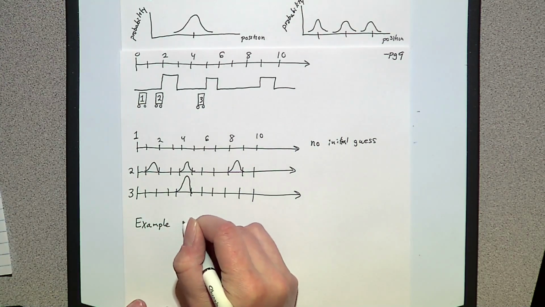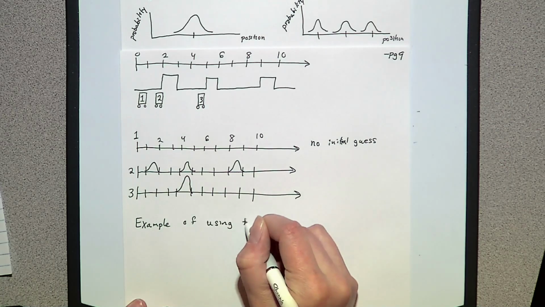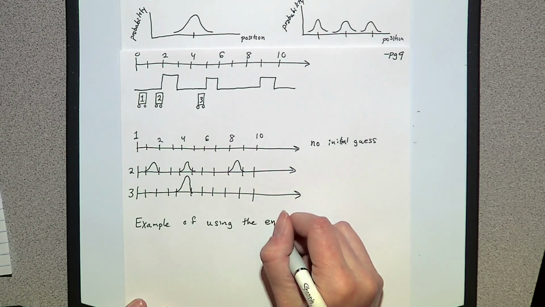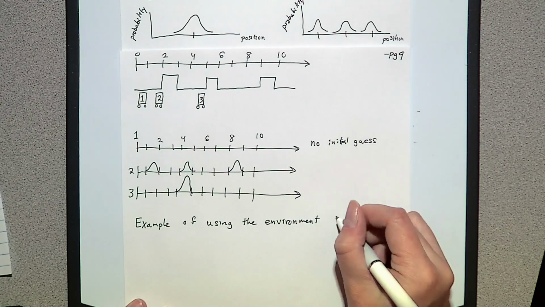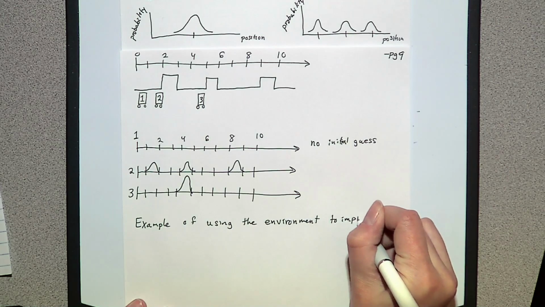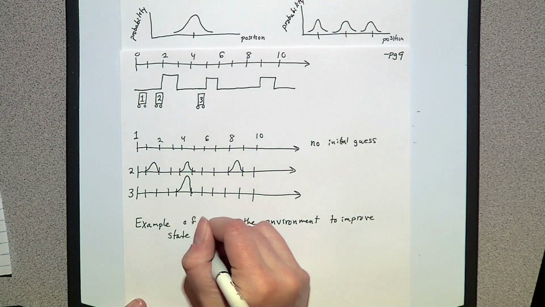So this is an example of using the environment to improve our state estimate.